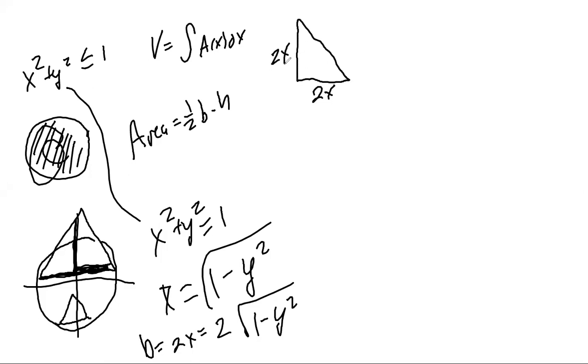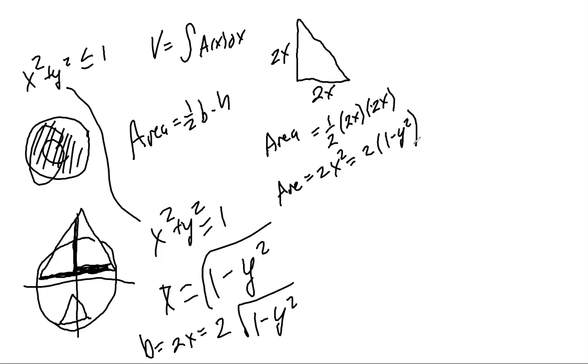So the area of this is going to be 1/2 base times height, which is 2x times 2x, so 1/2 times (2x) squared. Now, if this is what x is, x squared is really just going to be 1 minus y squared. So that's what we're getting there.